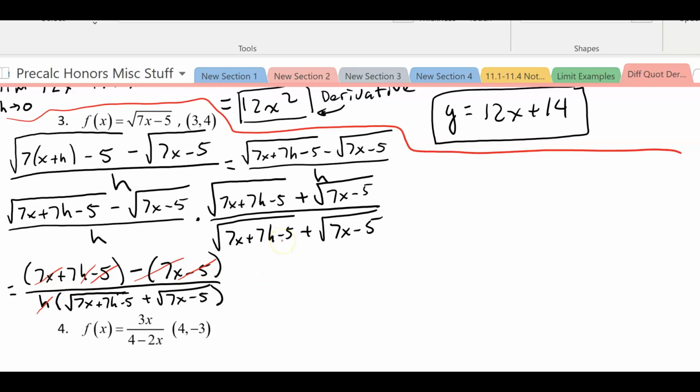And now we can go ahead and find the limit. So the limit as h approaches 0, and we have 7 over the square root of 7x plus 7h minus 5 plus the square root of 7x minus 5.